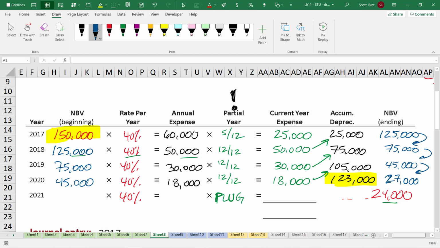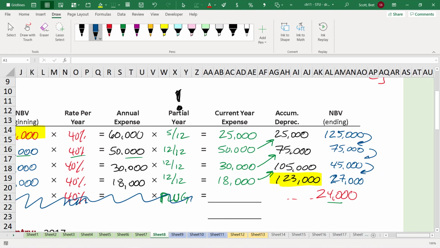If we want to, we can sort of ignore the rest of this stuff. The reason why is because we know that the most we can depreciate here, 27,000 minus the 24,000, is $3,000.